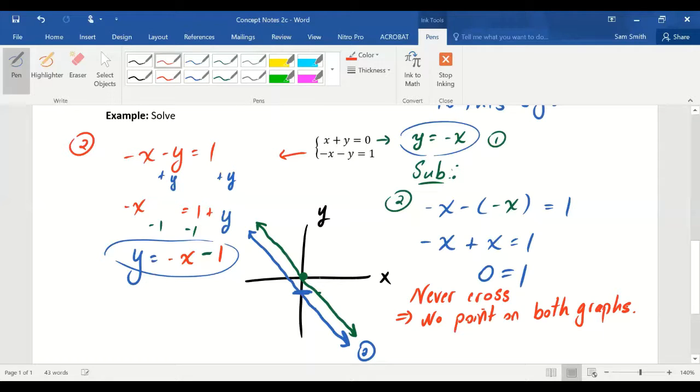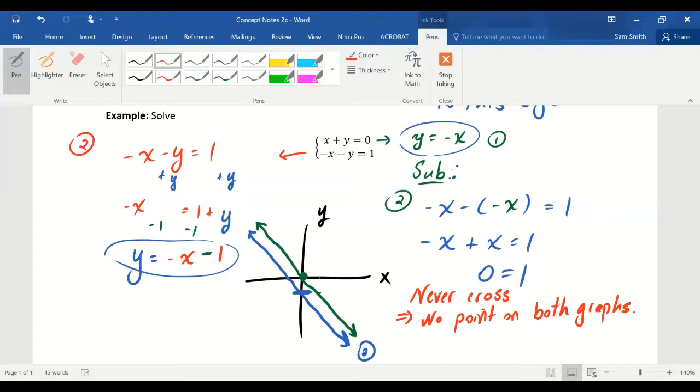Now let's think about that. If a point is on the graph of an equation, then that pair is a solution to the equation. So if a point were on both graphs, the pair would be a solution to both equations, and such a point would be a solution to the system. But our graphs don't share any points in common.